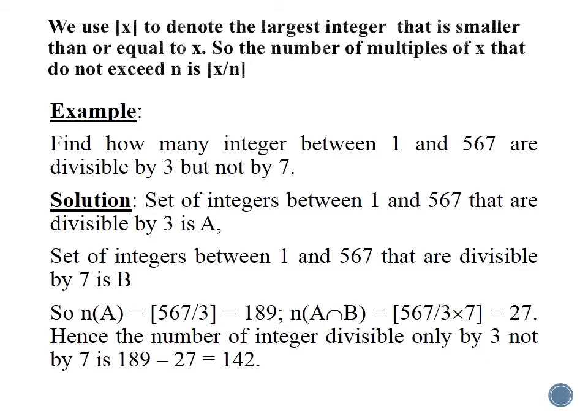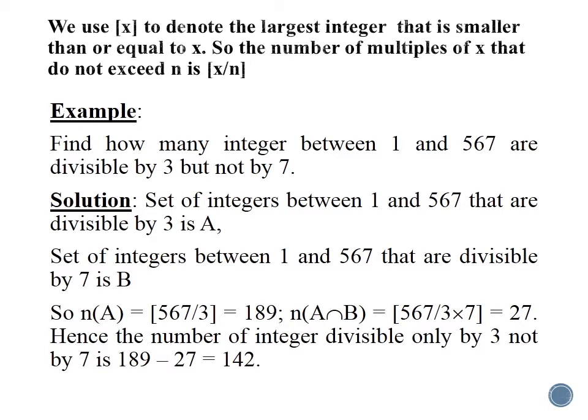Next example. Find how many integers between 1 and 567 are divisible by 3 but not by 7. Here, the set of integers between 1 and 567 that are divisible by 3 is denoted by A. The set of integers between 1 and 567 that are divisible by 7 is B. Now, the cardinality of A is 567 divided by 3, that is 189.